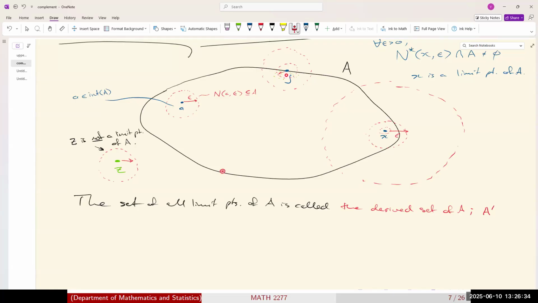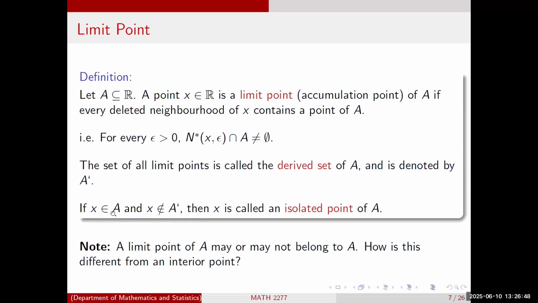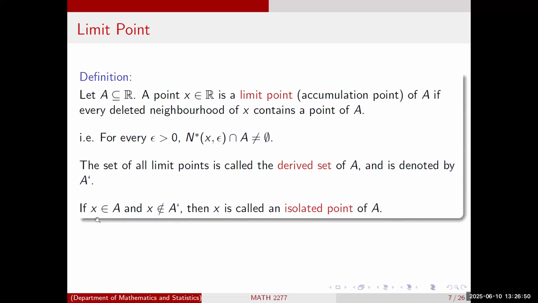If you have a point somewhere in the set that belongs to A, but is not a limit point, we say that point is an isolated point. Okay, so that's what this is saying. If you have a point belonging to that set and that point is not a limit point, then we say that point is an isolated point.